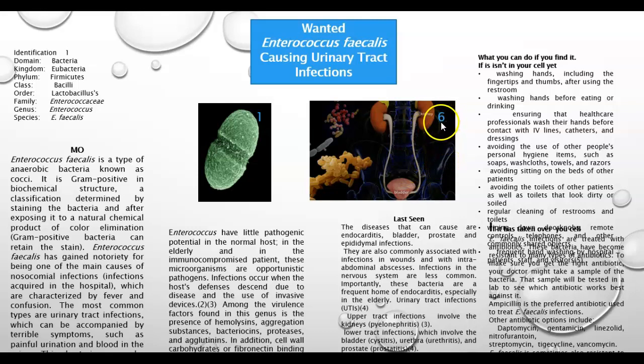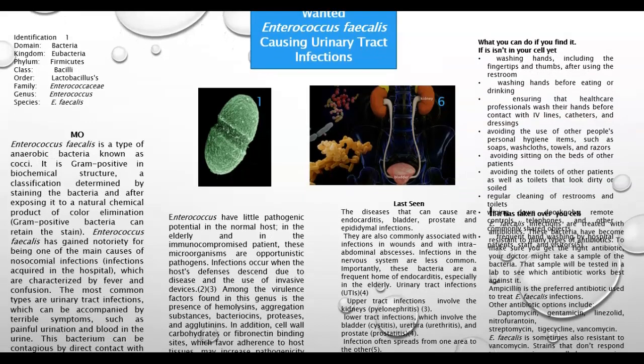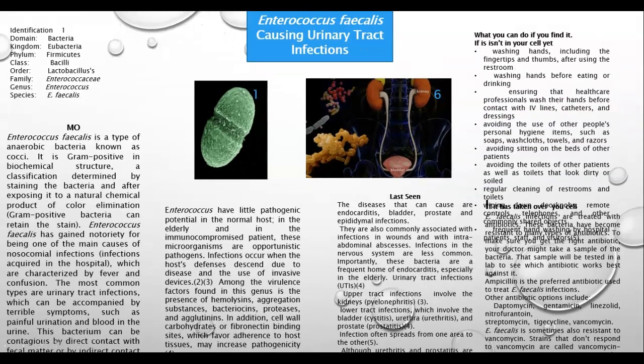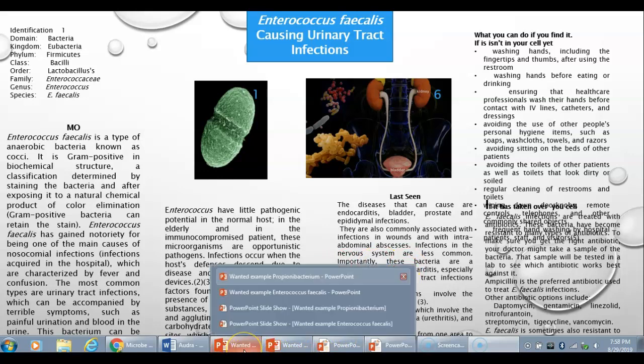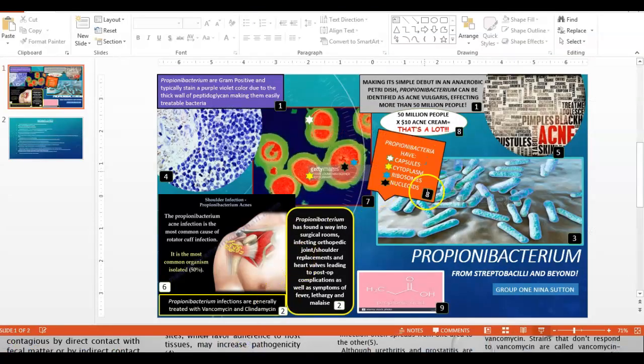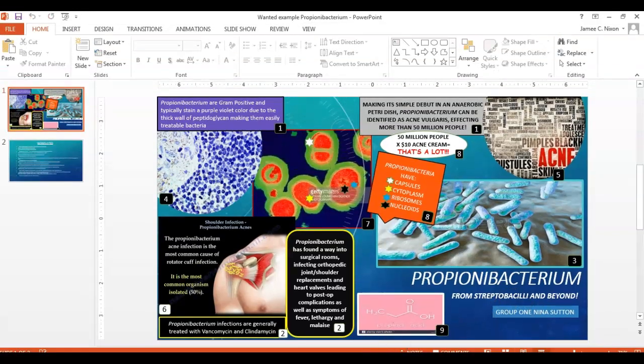Different references. But this poster has a lot of text. It isn't as visually appealing as it could be. Pull out some of the text, add some more pictures. The previous poster on Propionibacterium had a lot of pictures. It was also very busy, so you could potentially decrease the busyness.